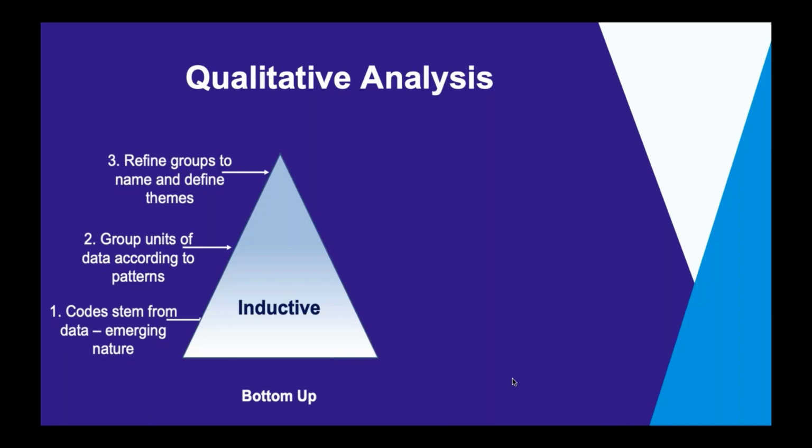Probably the most common type of data analysis in qualitative research is inductive. That means we're starting with the data, the bits of data, and our research question to help guide us in identifying those units of data that are important to us. So we start with codes, then we go up and start grouping those codes into like meaning.